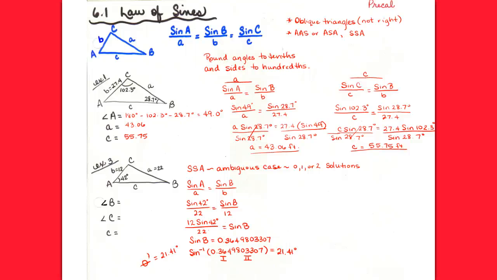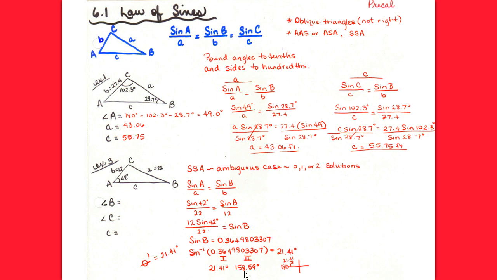So in the first quadrant, your reference angle and your first quadrant angle are the same thing. However, in the second quadrant, reference angle is distance away from the x-axis. So if I start right here at my x-axis, which is 180, and I go the reference angle 21.41 away into the second quadrant, that's just going to be 180 minus 21.41. So that would give me 158.59.